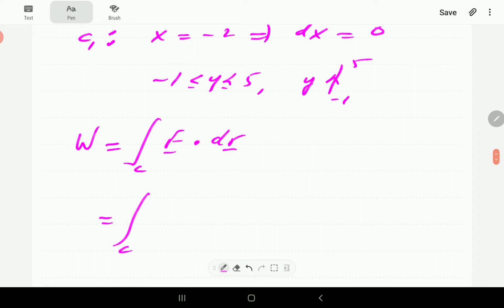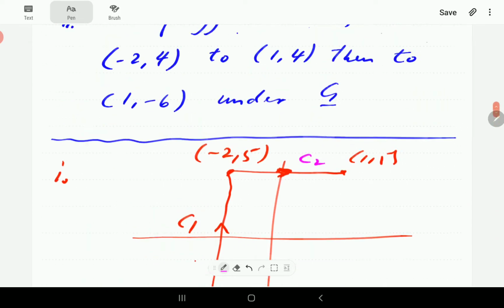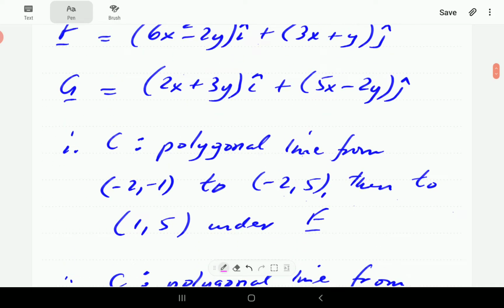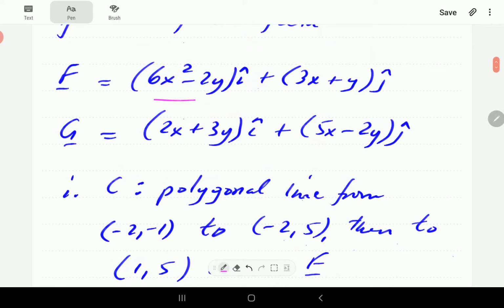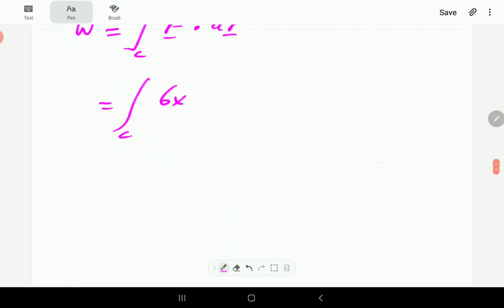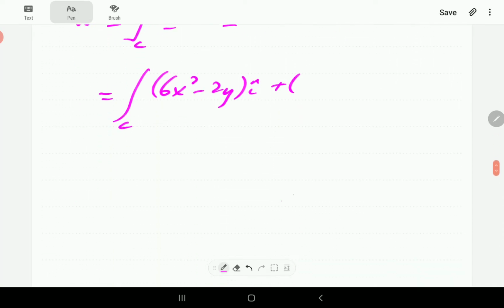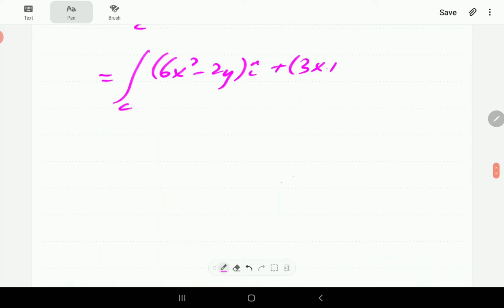Here F is (6x squared minus 2y) i, that's the x component, and then the second component is (3x plus y) j.